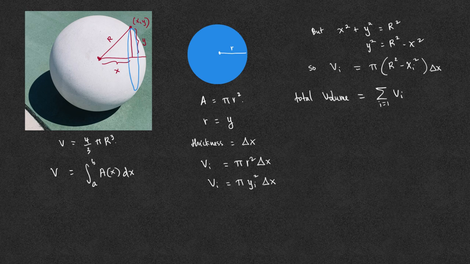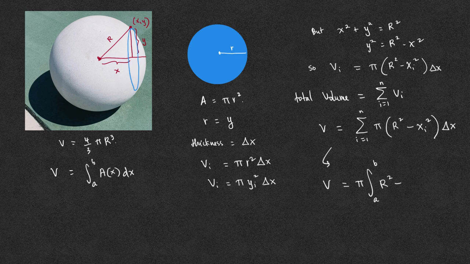And so the total volume is the sum of all of the volumes. This is expressed using the Riemann sum. But as n goes to infinity, this Riemann sum is the definite integral from a to b of pi (R squared minus x squared) dx. Next, we find the limits of integration a and b.